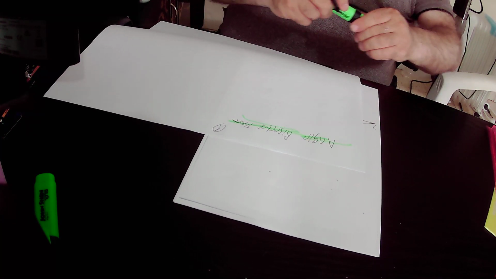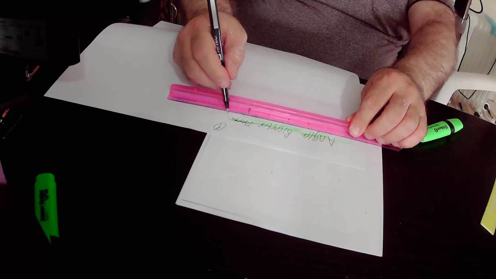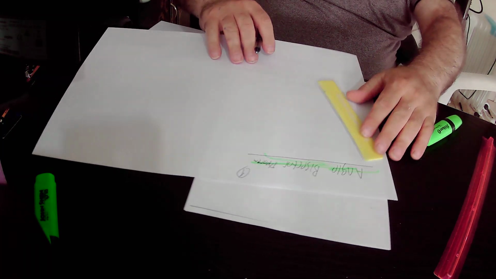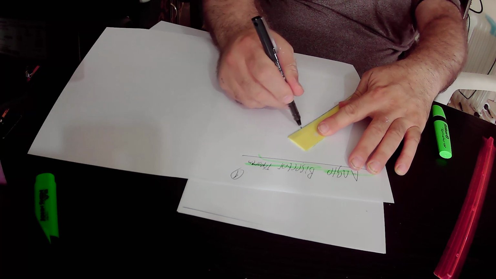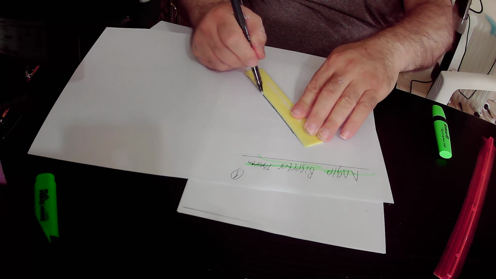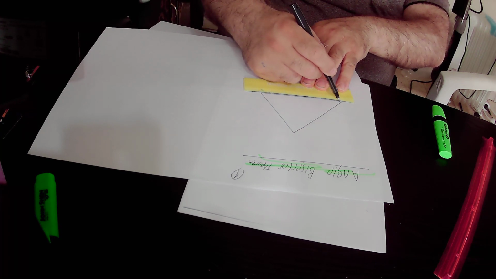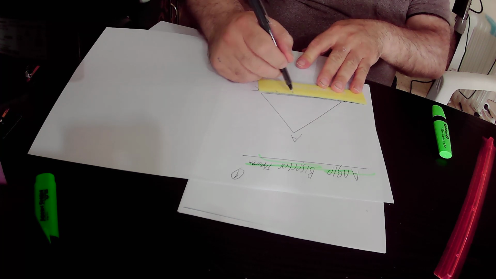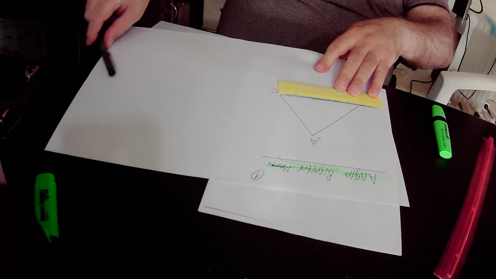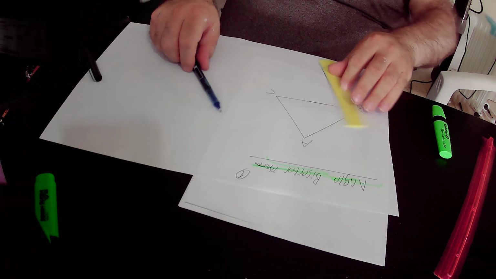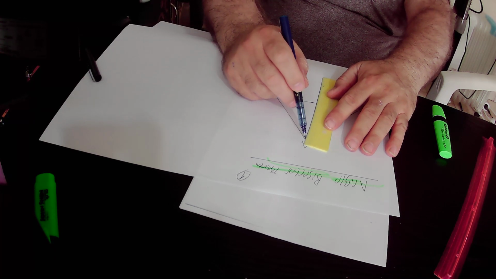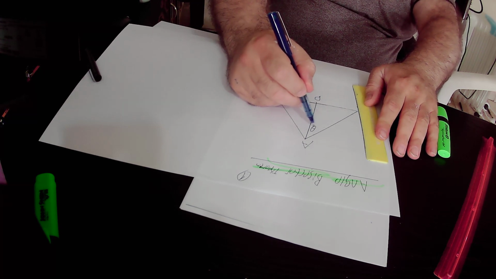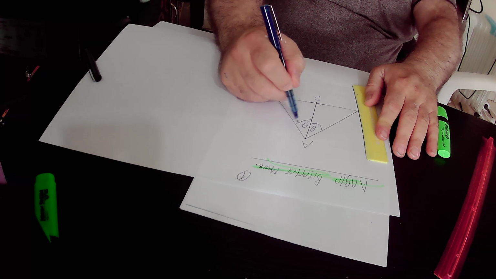So if we have triangle ABC, that could be any triangle, and we also have here line segment AD that is defined as an angle bisector.